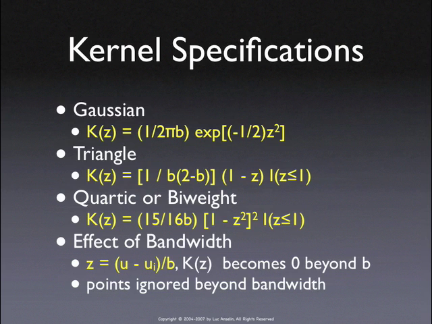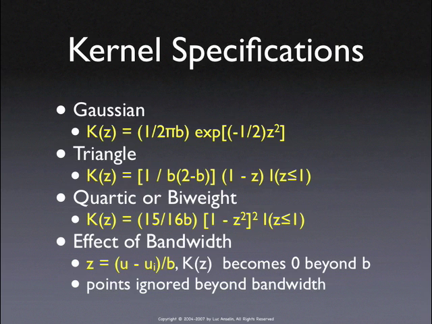If we perceive something that's further away, say 20 meters, then we would have 2 as a value. For a lot of kernels, that's not allowed. And a kernel stops when z exceeds 1. This I of z less or equal than 1 is called an indicator function.